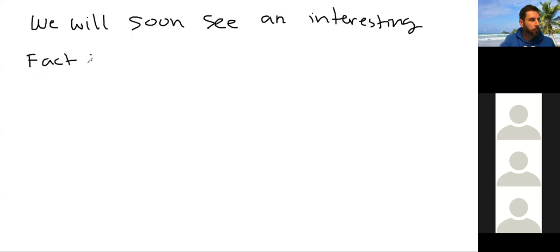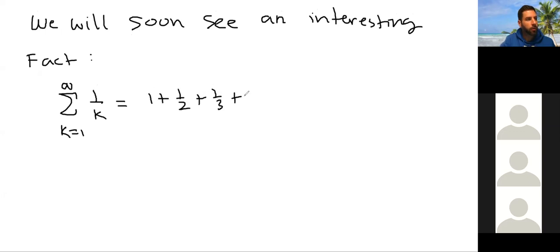And that is this series, the 1 over k guy, which is 1 plus 1/2 plus 1/3, this guy diverges. We'll show you. Notice I say we will soon see.